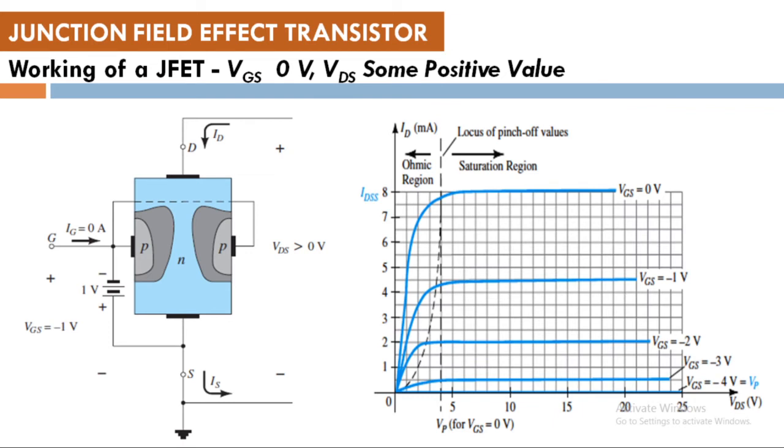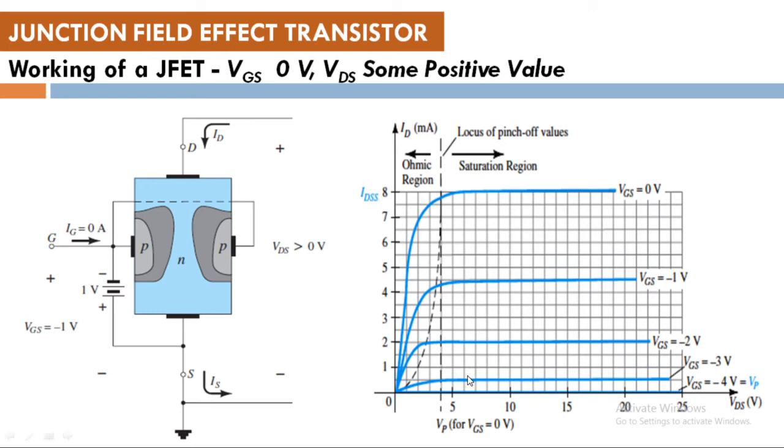Now what happens if we try to increase the input potential? Now you have to remember one thing. Whenever we try to increase the input potential, we can see we have provided minus 1 volt. These are typical characteristics. You may see different characteristics for different junction field effect transistors.